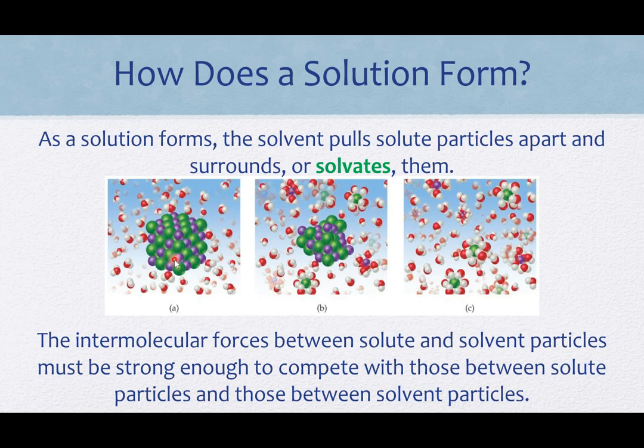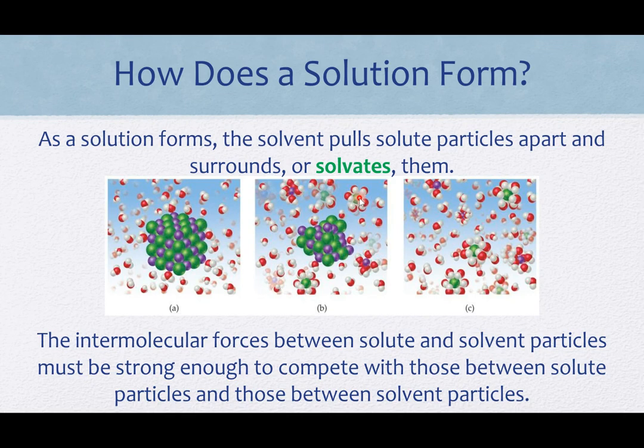When you drop a little pellet of salt into water, what happens is the solvent, which is our water, pulls the solute particles apart. So water wiggles in between these particles and plucks them to different areas inside of this container. Then those particles are going to be surrounded by the water molecules.